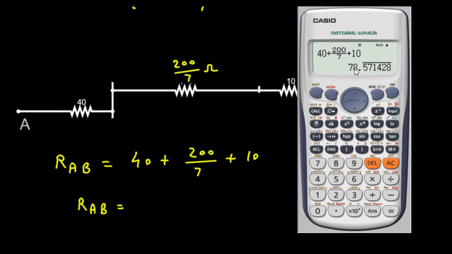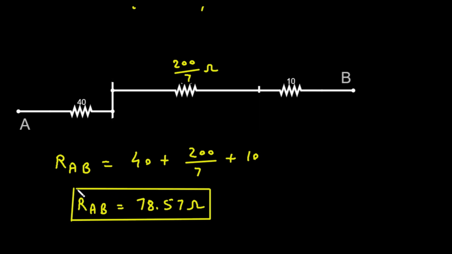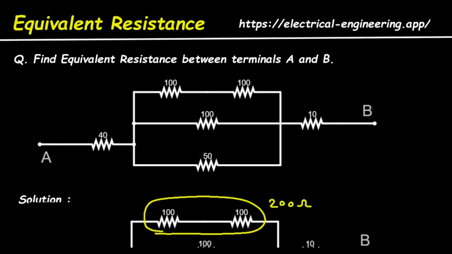Now this is 78.57. So 78.57 ohm is the value for RAB. So this is how we can solve series and parallel combination of resistors, and we can find the equivalent resistance.